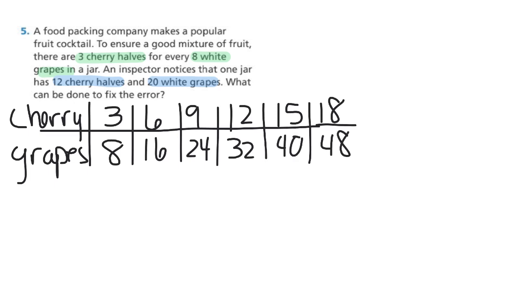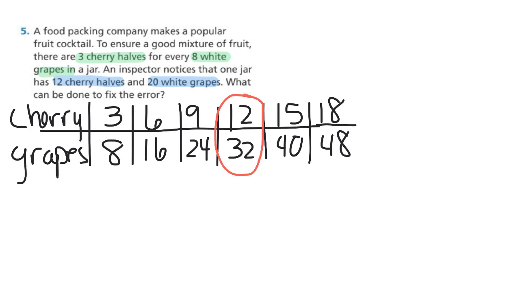Let's figure it out. So it says an inspector notices that one jar has 12 cherry halves and 20 grapes. 12 cherry halves should have 32 grapes.